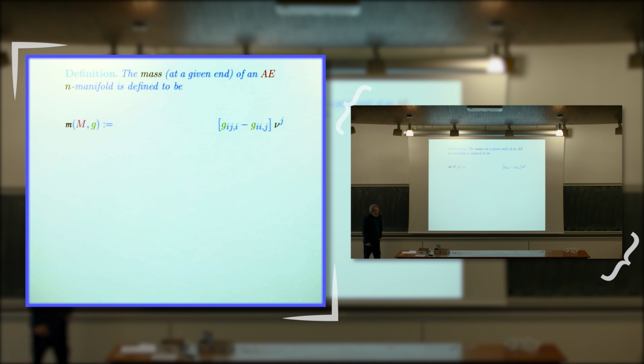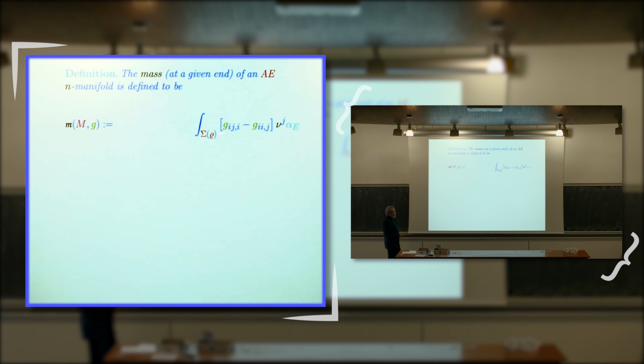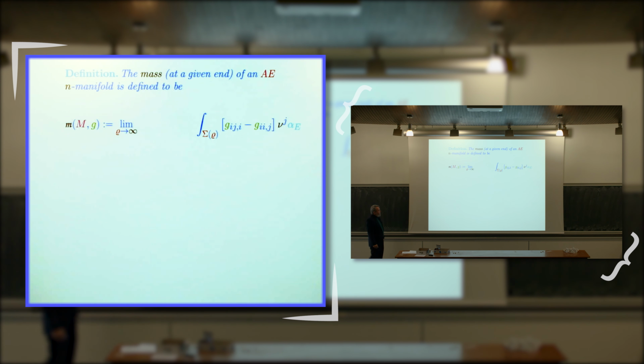You then, in these coordinates, look at the outward pointing component with respect to the Euclidean outward pointing unit vector, and integrate that on a large sphere of radius rho with respect to the Euclidean area form, and now take the limit of that expression times a conventional constant which people tend to introduce.